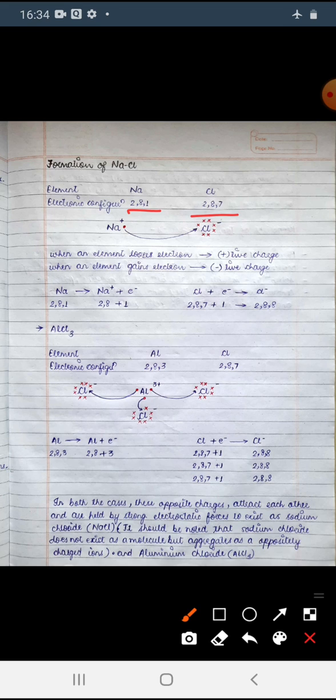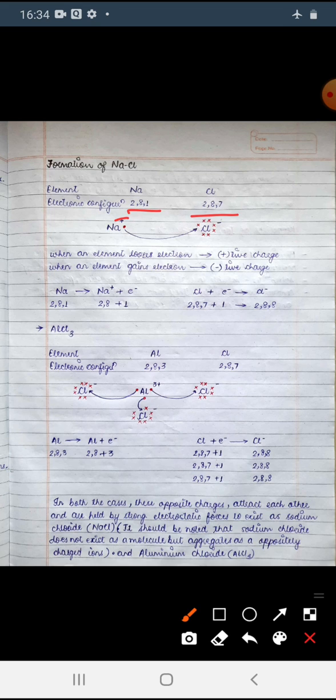So when sodium loses one electron, it will gain one positive charge. Why one positive charge? Because only one electron is lost. So that's why only one positive charge will be there.